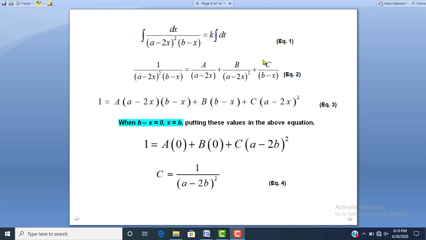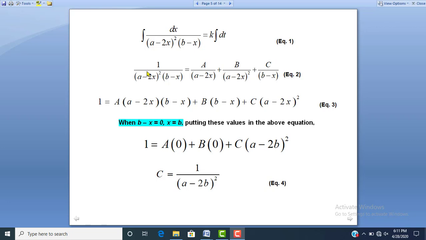So this C has come from using the partial fraction method of integration. When we use the partial fraction method, then this equation 2 becomes 1 over (a minus 2x) square into (b minus x) is equal to A over (a minus 2x) plus B over (a minus 2x) square plus C over (b minus x). So this C over (b minus x) term has come from using the partial fraction method.